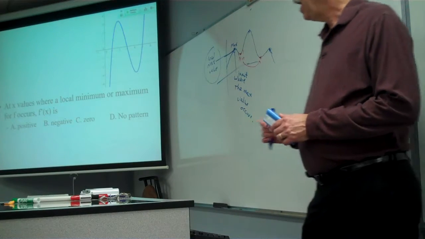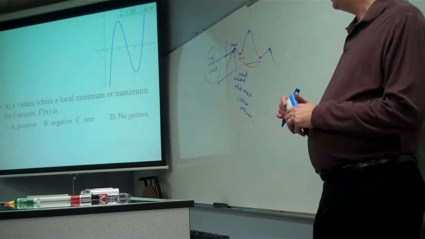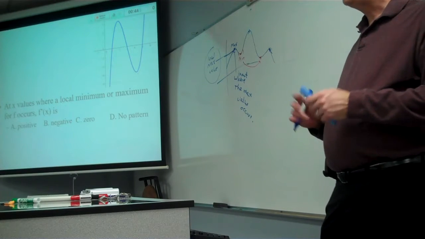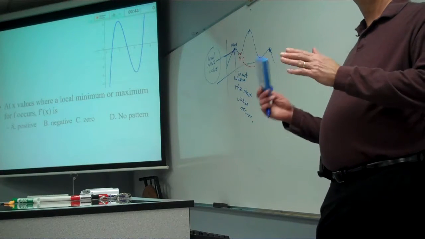Now, at the x values where a local min or max occurred, was there any kind of pattern that we could spot about what the derivative was doing?